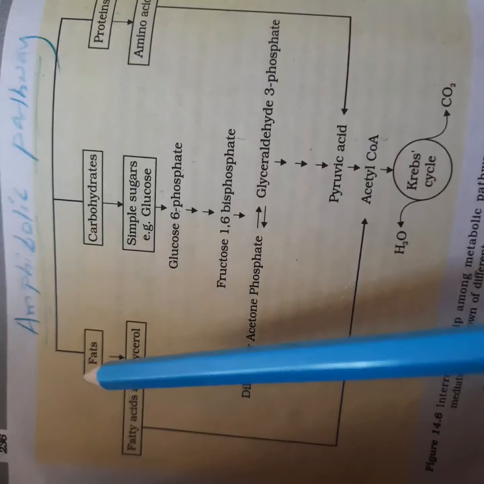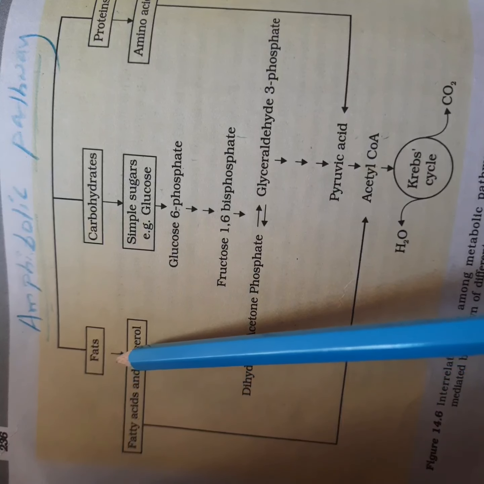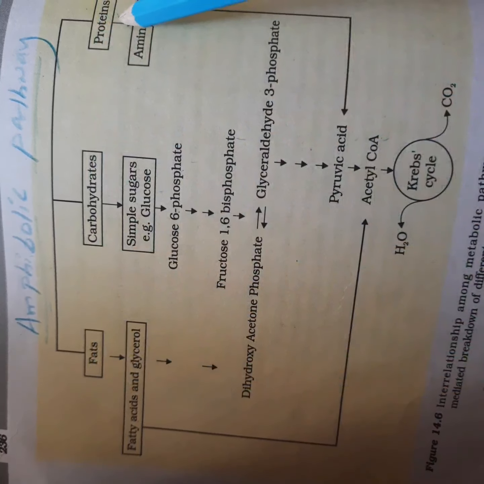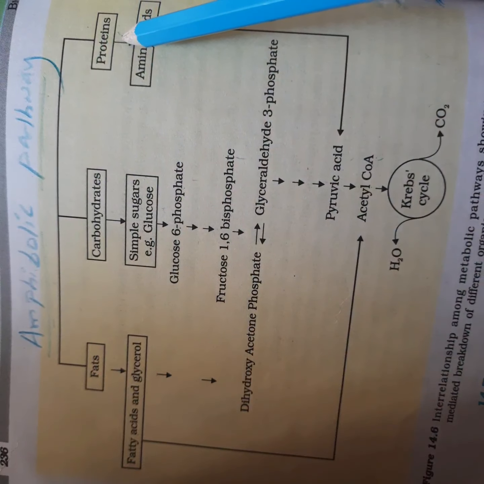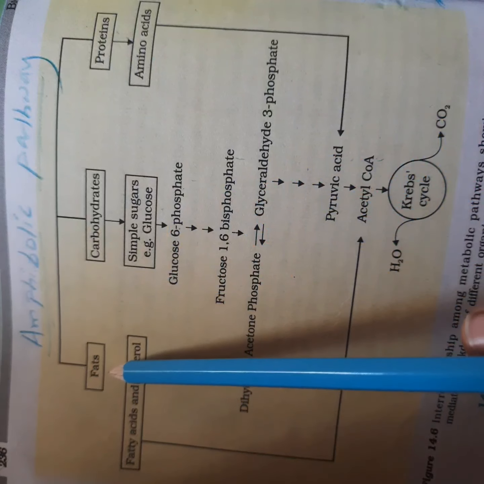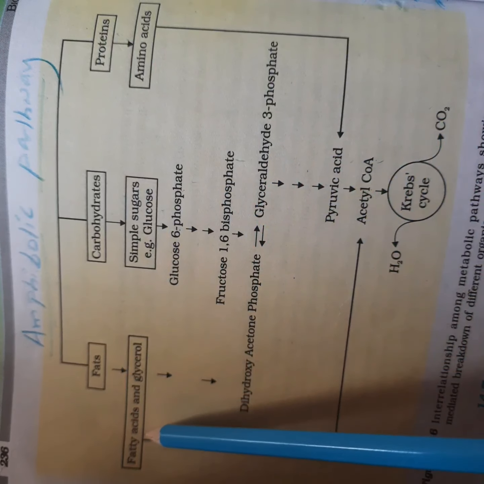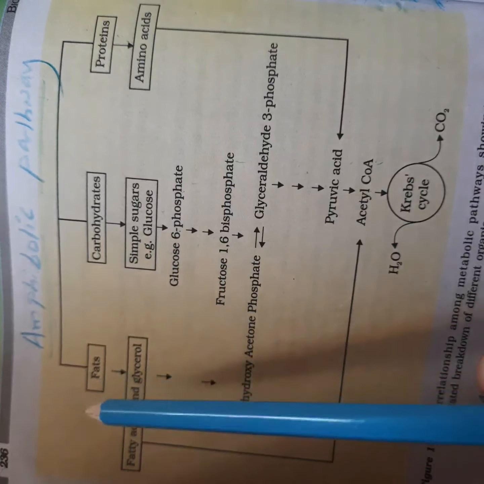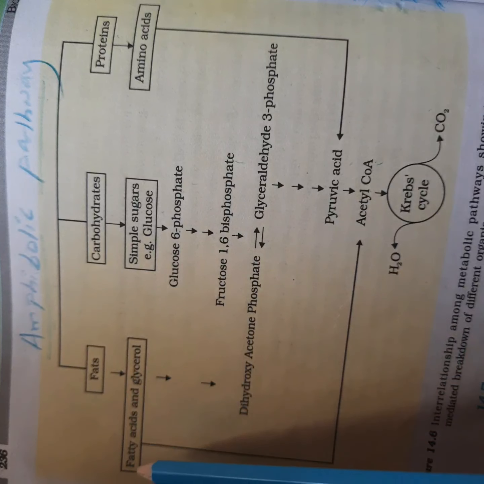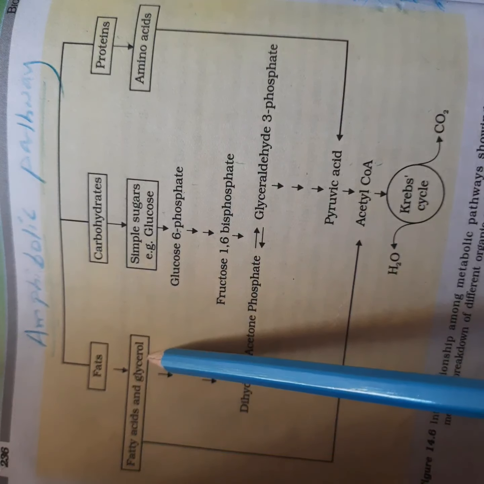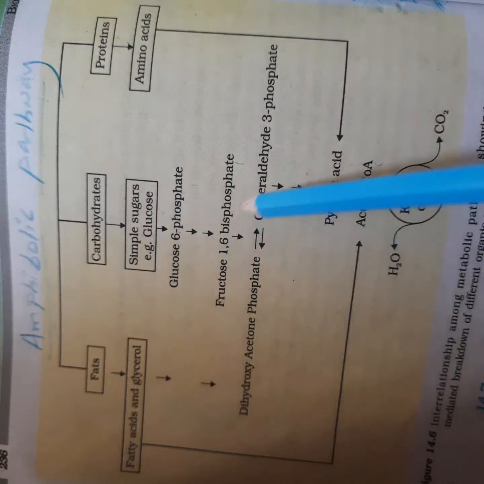Similarly, fat can also enter the respiratory pathway, but fats as well as proteins can never directly enter the respiratory pathway, because before entering, fats need to be broken down into fatty acids and glycerol. Then they can enter the respiratory pathway.